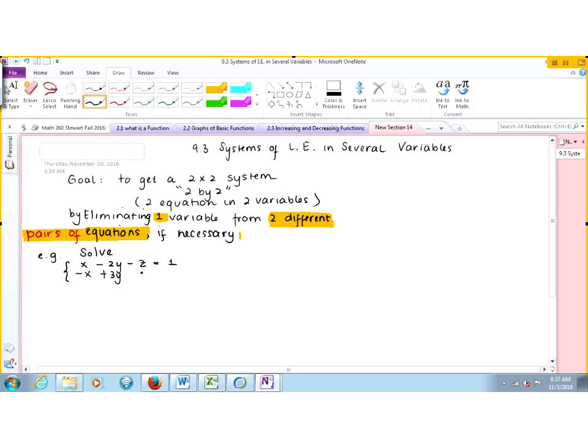Negative x plus 3y plus 3z is equal to 4. 2x minus 3y plus z is equal to 10. So this is equation 1, equation 2, equation 3.